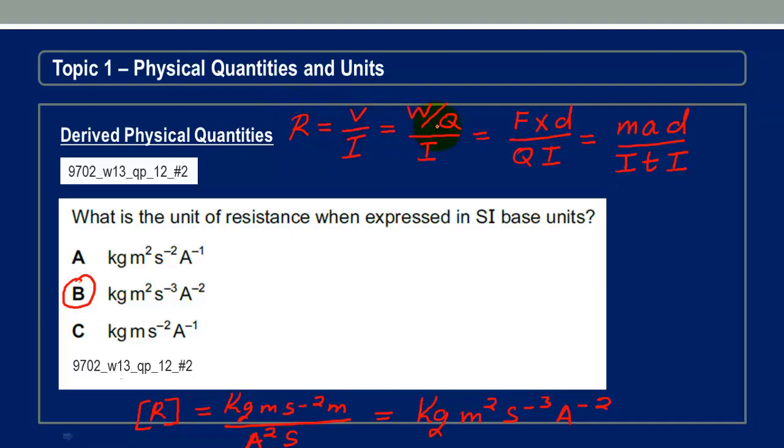So you must work backwards until finally you get an equation with basic physical quantities. Even acceleration is a derived physical quantity. It's easy to get the SI unit of acceleration, which is just meters per second squared. That is why I wrote it first time here. Otherwise, everything else is in terms of basic physical quantities.